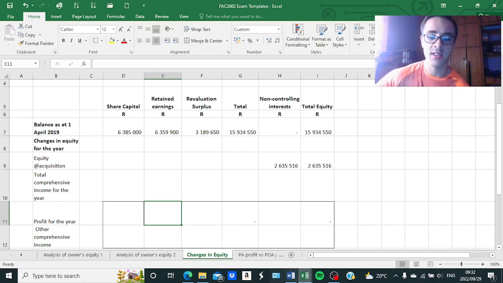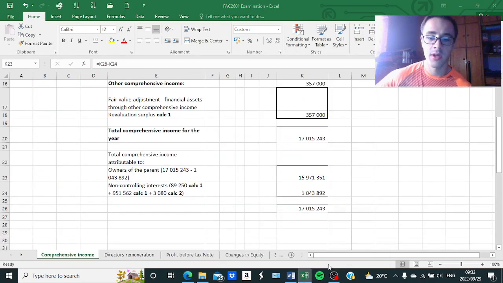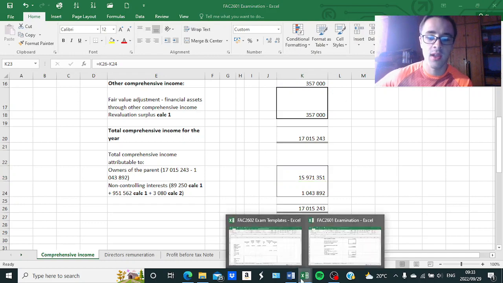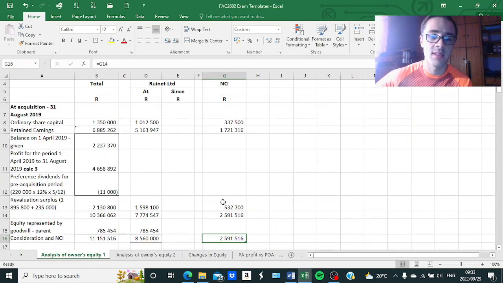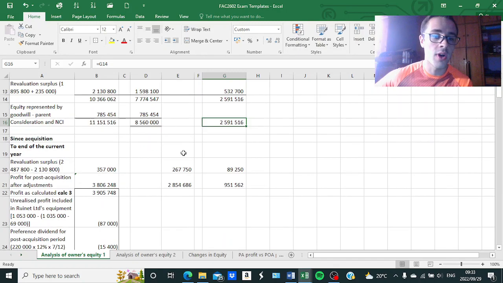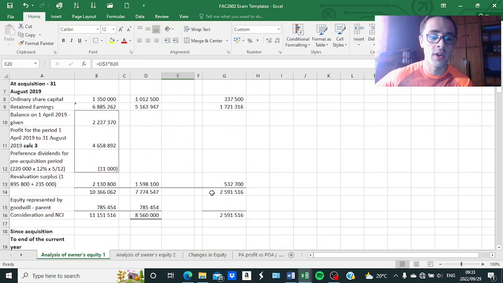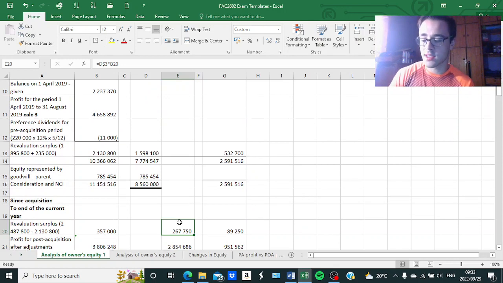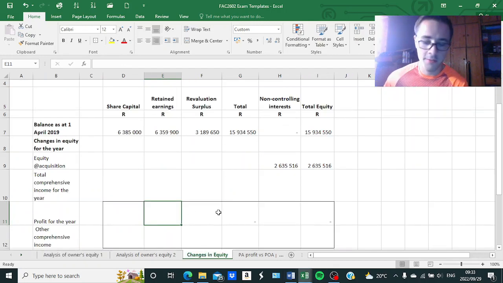Alright, so we will take the total that we have calculated here, which is 15,971,351, and then we will remove the parent's share in the current year's revaluation surplus, and that amount was calculated in your analysis of owner's equity for ordinary share capital as 267,750. Alright, and you should arrive at an amount of 15,703,601.